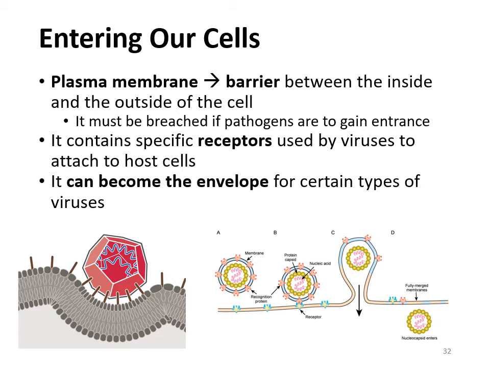So what a lot of them do, especially viruses, is they use specific receptors that are on the outside of your cells. And what they can do is they can then basically bind to that cell, merge with that outer membrane, and then insert themselves inside of the cell.